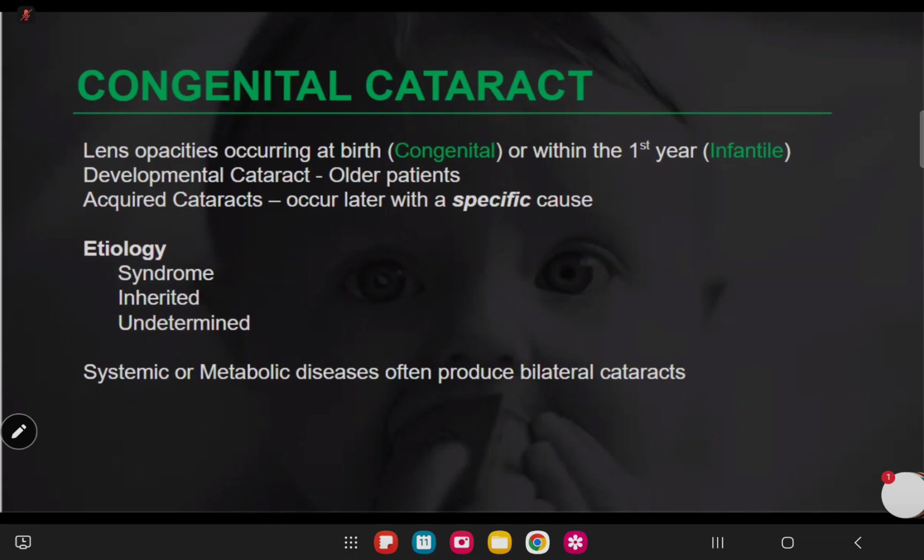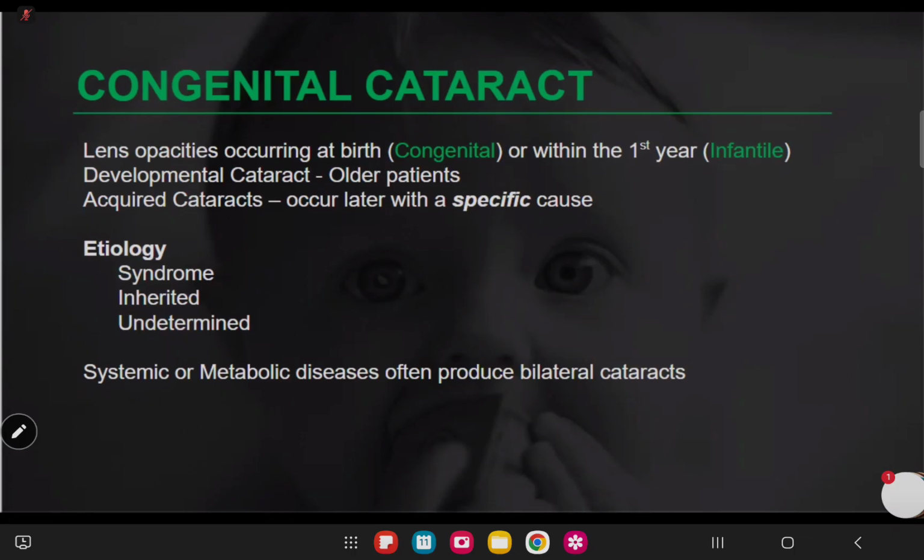And those acquired cataracts occur later with a specific cause, like your trauma, your metabolic disorders, metabolic diseases, your metabolic imbalances, and age-related. Etiology: it could be inherited, it's part of a syndrome, and usually it's undetermined.